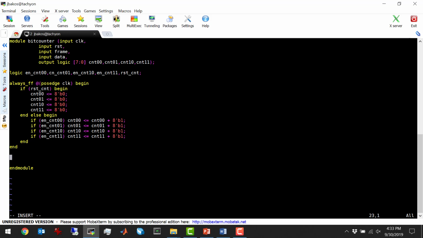The problem with this, though, is what happens if the frame is low for only 1 cycle between 2 packets? See, that'll cause a problem, because I have to go through 2 states to get back to idle. There's a 2 cycle delay before I can reset everything.